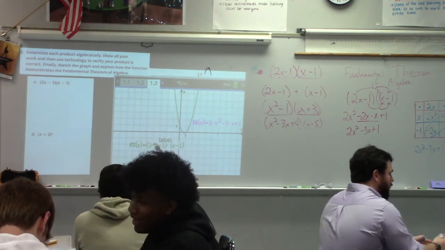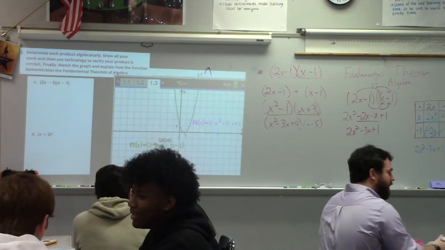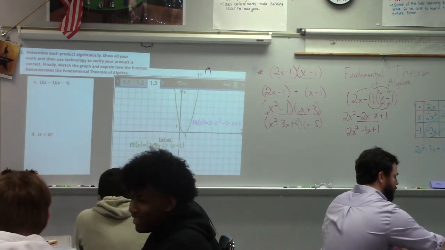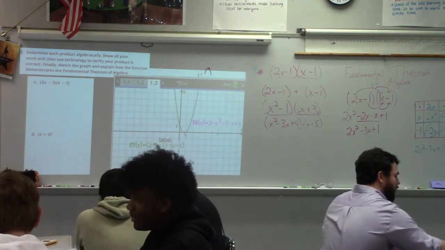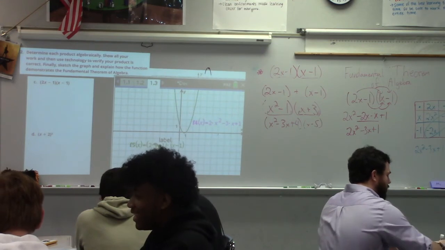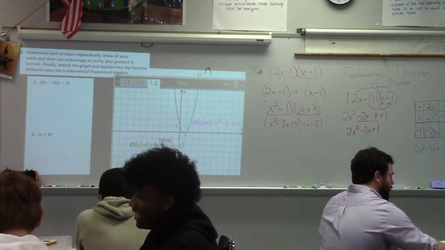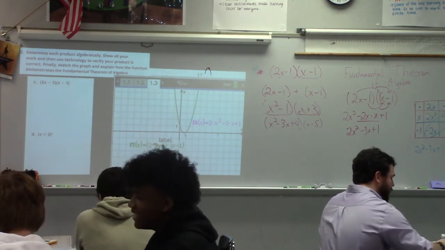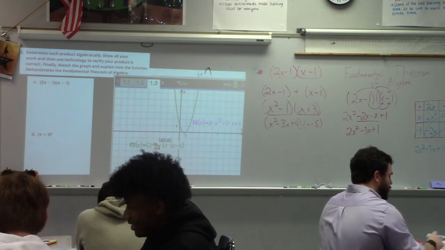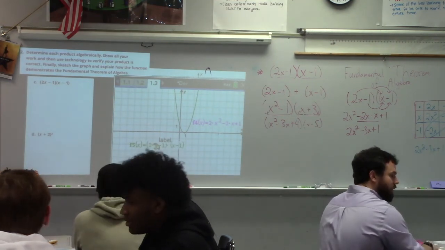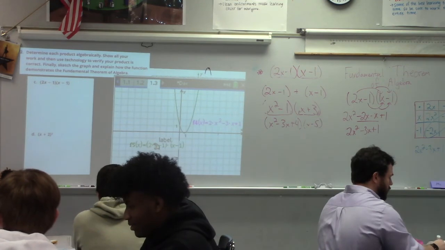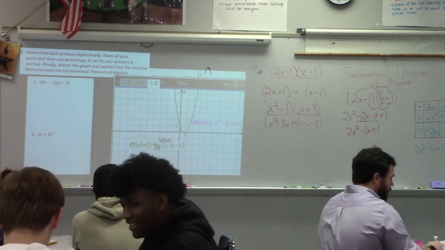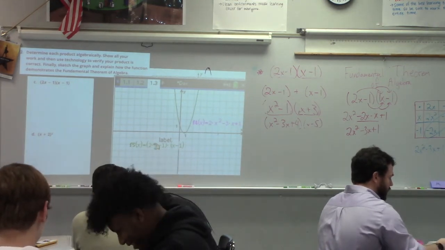I would write that stuff out. So you have your area model to find that multiplication, right? And then from here, I would do my area model again. You have it right, it's just taking this extra step to make sure that you can do the terms correctly. So I would recommend taking that extra step.